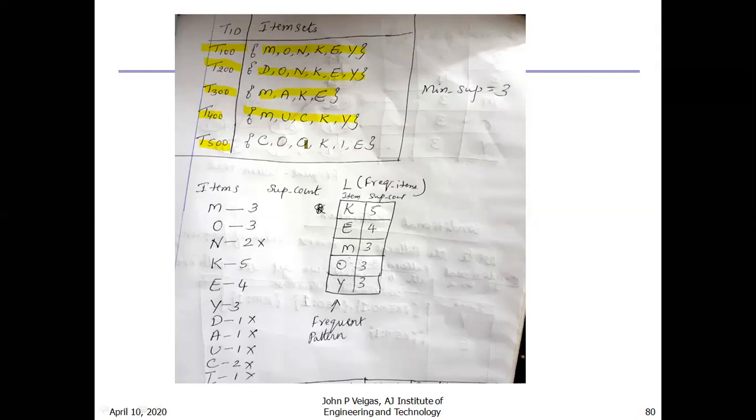This is a typical example taken from your textbook exercise. And the minimum support is given as 3. Okay. So I think you have noted this down. Please reply. Yes, sir. Okay.